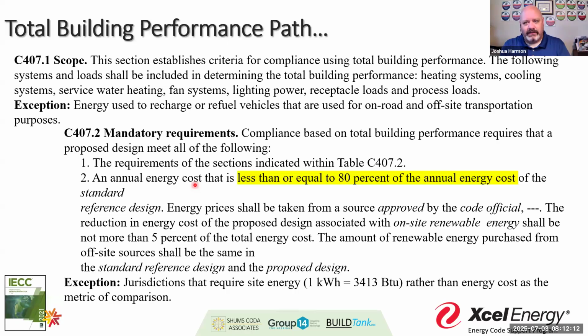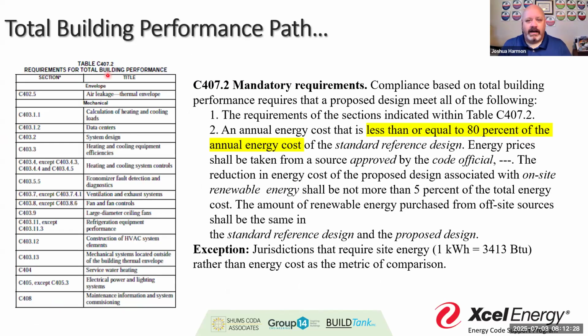In residential, it's a little bit different. In commercial, we're looking for 80%. So we want to show that we're saving 20% over the traditional design, the standard reference design. Now, that standard reference design comes out of the tables provided in C407. So it's not that we're trying to be 20% better than the prescriptive path.